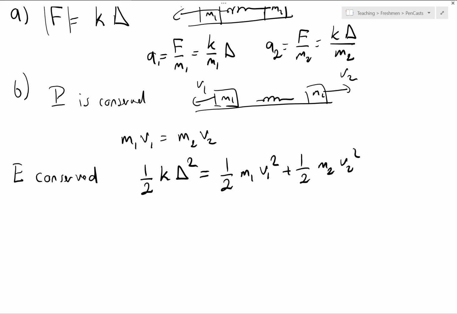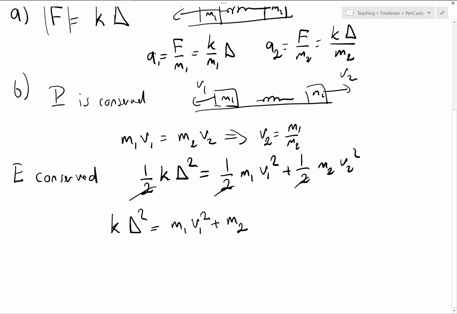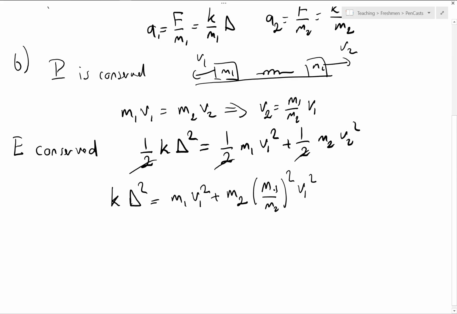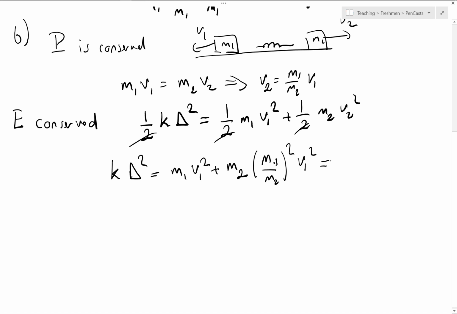So let's cancel all these 1/2s. I have k delta squared is m1 v1 squared plus m2 times, instead of v2, from the first equation I'll write v2 is essentially m1 divided by m2 times v1, so m1 divided by m2 squared v1 squared. So on the right hand side, what do I have?